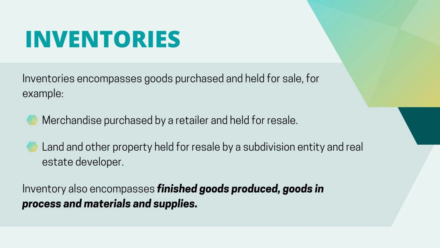Next, inventories encompass goods purchased and held for sale. So example are merchandise purchased by a retailer and held for resale. So meaning, bibili ka ng mga merchandises or inventory and your purpose is to resell it. So you will not change anything. You will not use that in a production or in manufacturing.